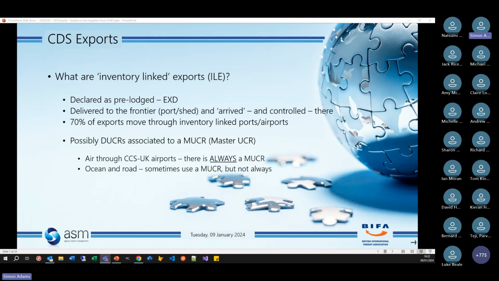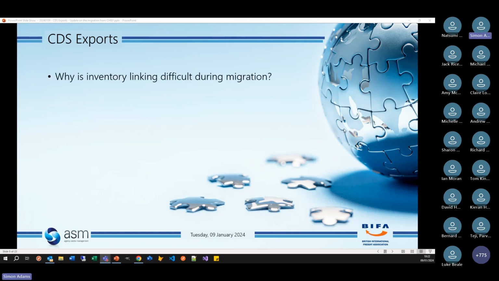Typically on the ocean side, if you've got a shipment on ocean or road with more than one declaration involved in it, then it's usual to associate those declarations, those duckers, to a mucker, because it's then easier to report just the mucker rather than a handful of duckers at the frontier.